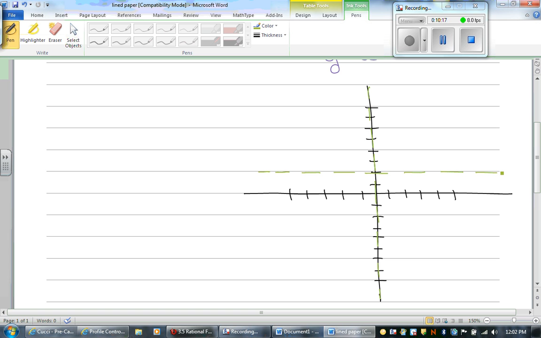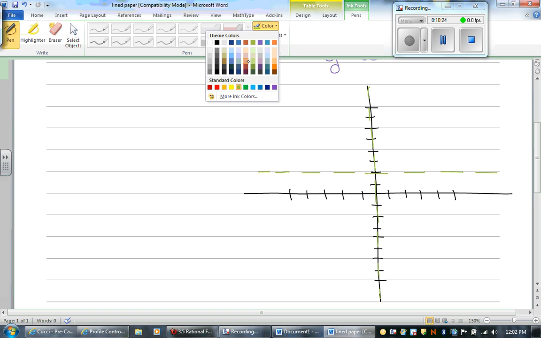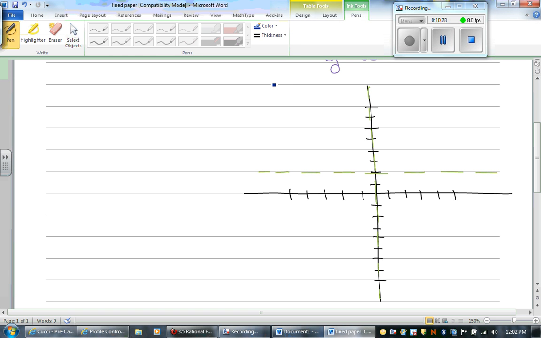So the next thing we're going to do is come up with a table for this. Okay? So we want to know maybe, we'll say -2, -1.5, -1, -0.5, 0.5.